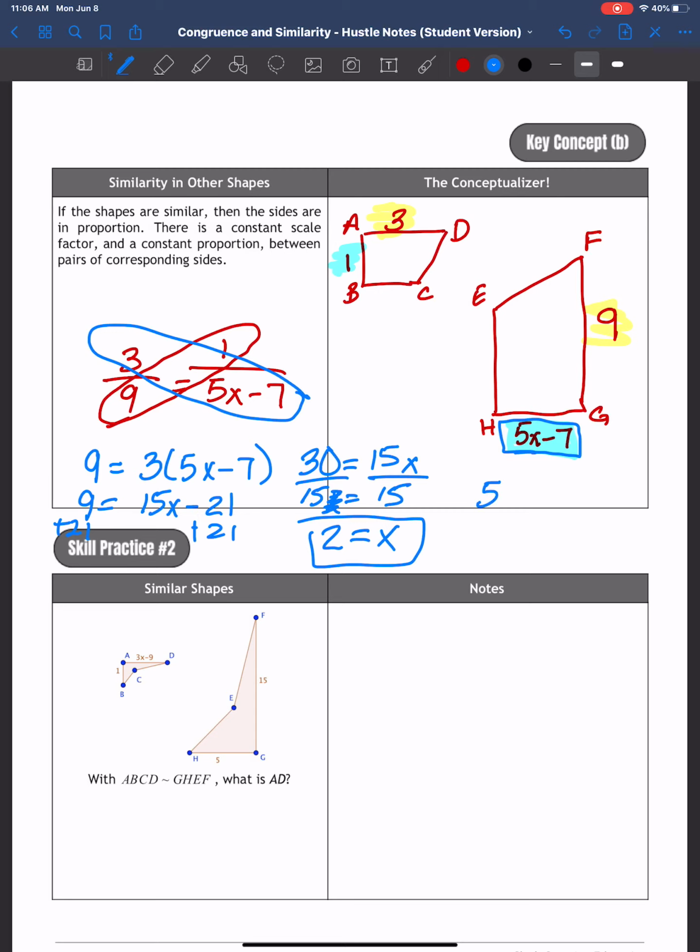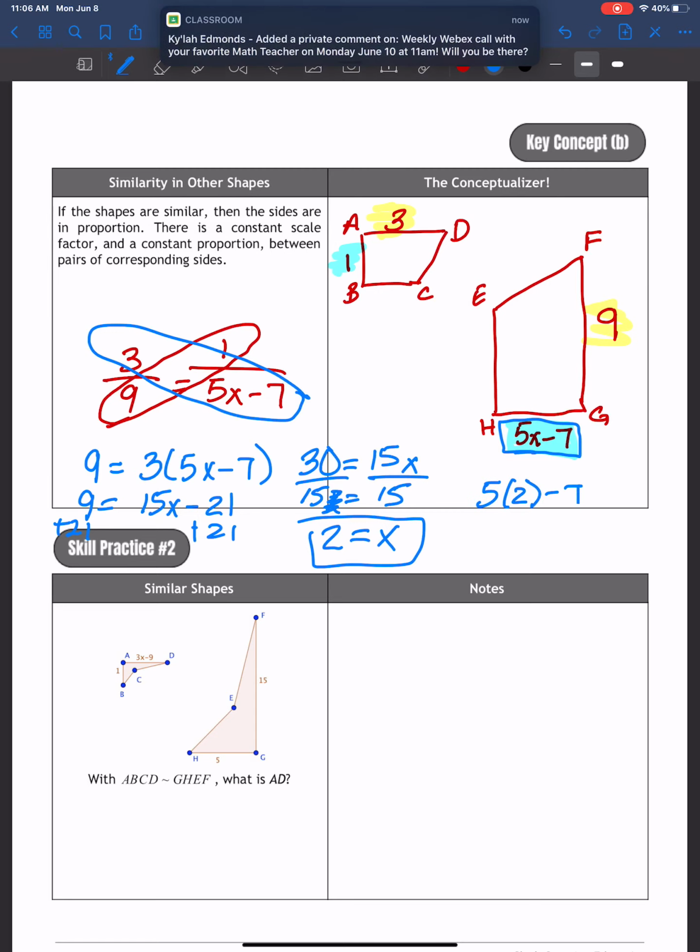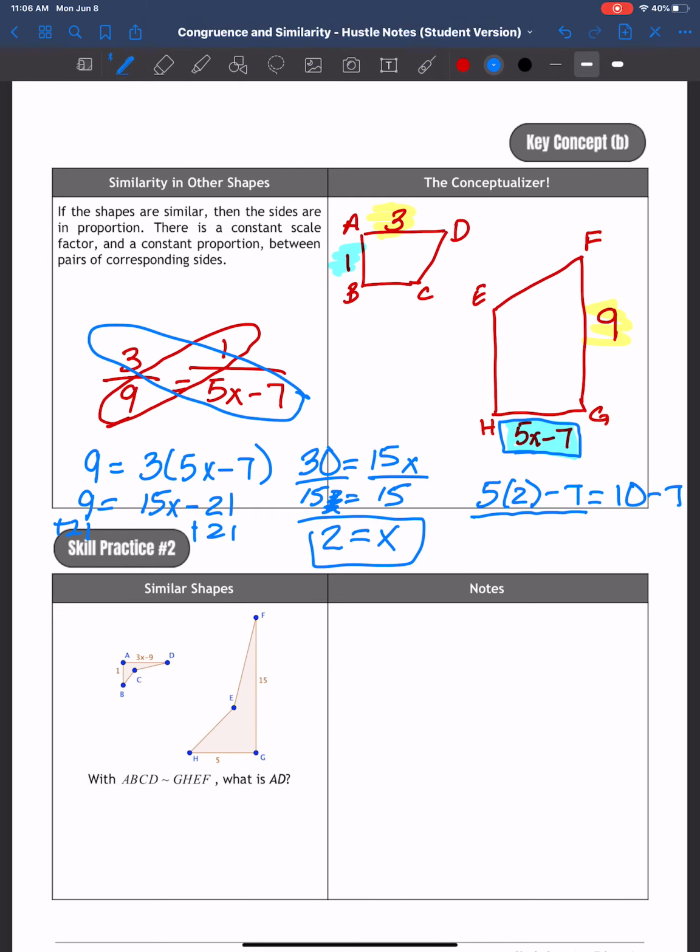So 5 times 2 minus 7. 5 times 2 is 10. You get 10 minus 7 means 3. That is your 3 equals line HG.